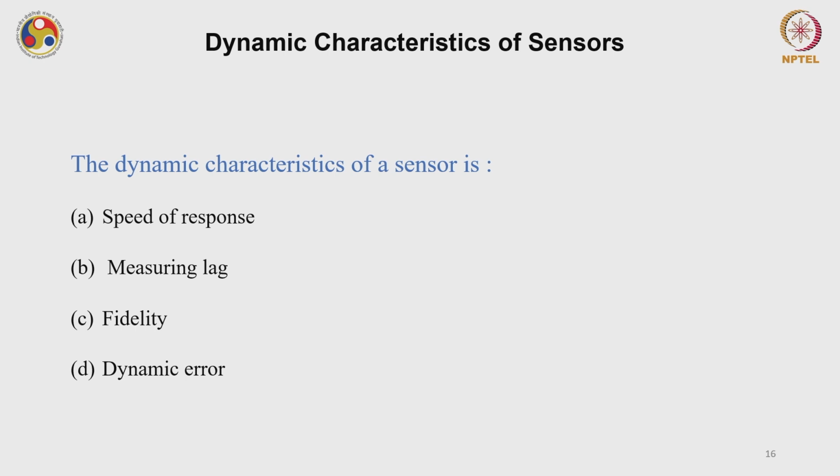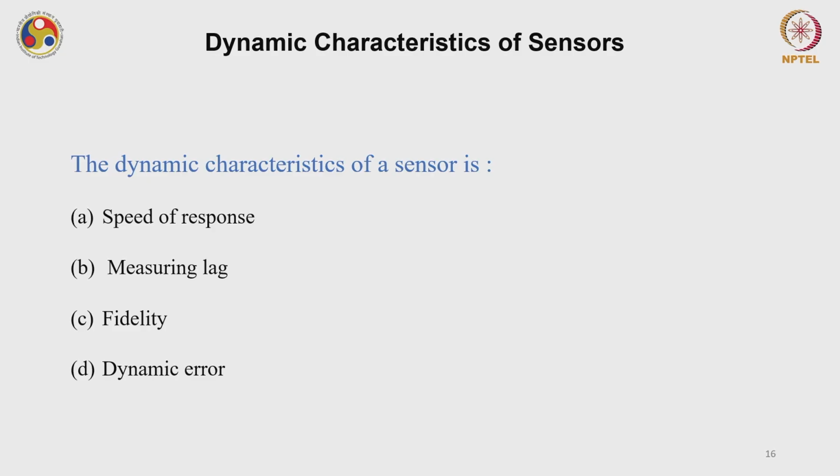Now let us understand the dynamic characteristics of the devices. We have seen different static characteristics of sensors, which include linearity, repeatability, reproducibility, span, transfer function, etc. However, the dynamic characteristics of the sensor can be divided into four different types.